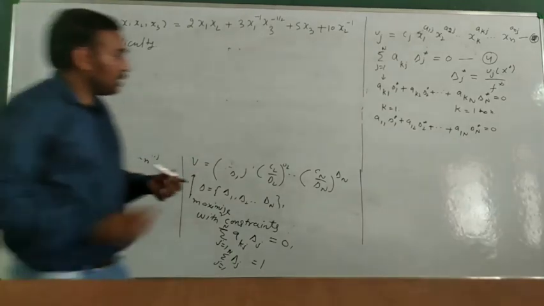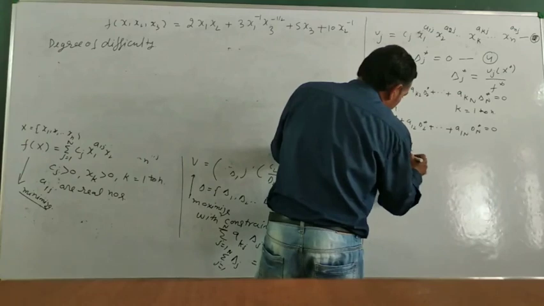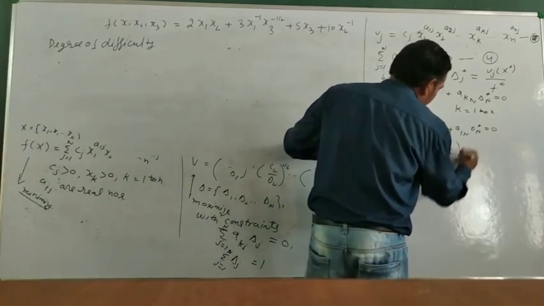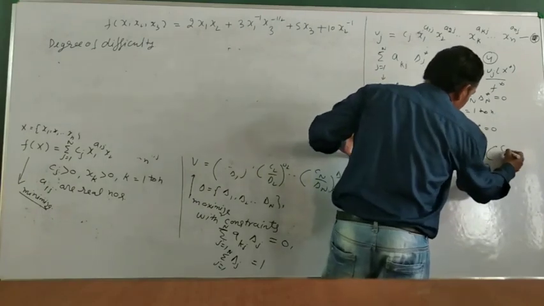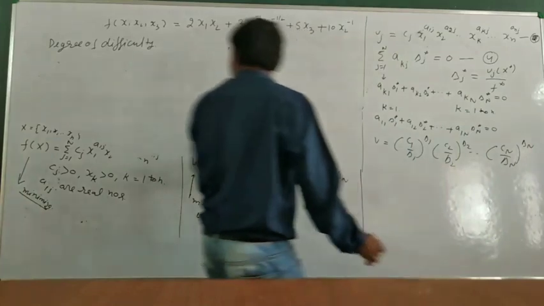Here also we write V equal to c1 upon del 1 to the power del 1, c2 upon del 2 to the power del 2 and so on, cn upon del n to the power del n.